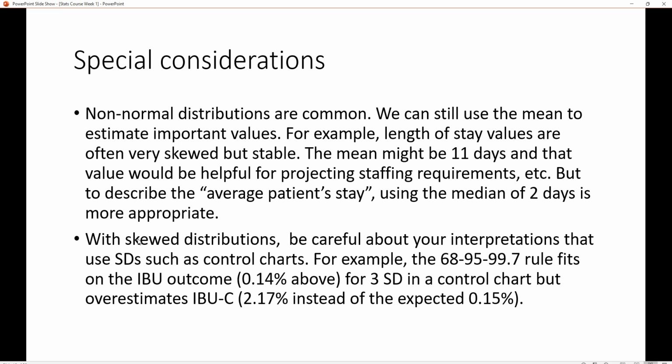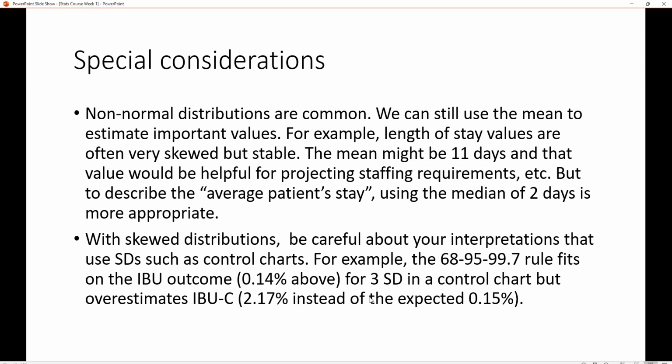Also, another consideration is that with skewed distributions, be careful about your interpretations that use standard deviations, such as control charts. For example, applying the 68, 95, and 99.7 rule fits on the inpatient bed utilization outcome because 0.14% falls above the third standard deviation in a control chart, but it overestimates the inpatient bed utilization for COVID patients. 2.17% fall above the third standard deviation of the expected value.